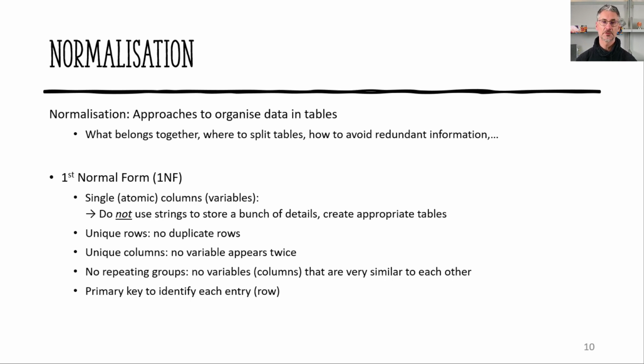So we don't use strings to store a bunch of details, but we have separate variables for each description we want to make. We have unique rows, so no duplicates, and we have unique columns, so that no variable appears twice. And we have no repeating groups, so that no variables or columns are very similar to each other. And the primary key is to identify each entry. So that's like the minimum set of requirements on a table.